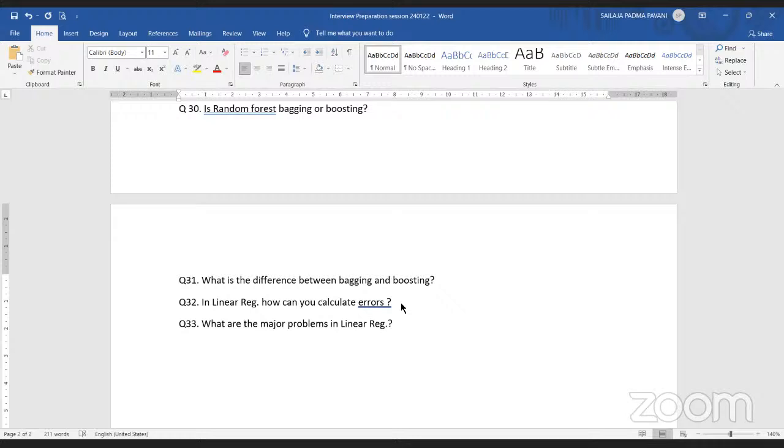Shalini says the difference between actual value and predicted value, and Nishanti says false negative error, false positive error. Mean square error.